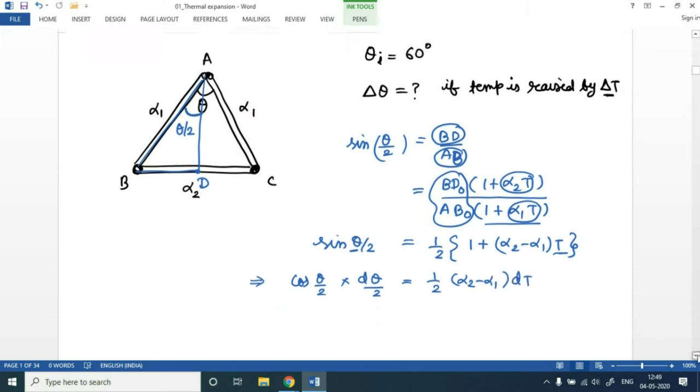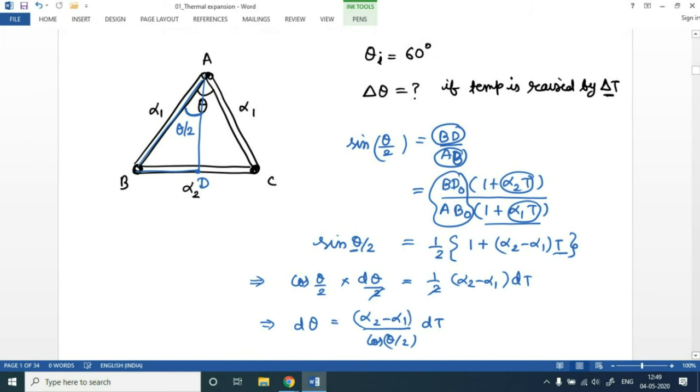Clearly, this 2 will get cancelled. So d theta is alpha 2 minus alpha 1 upon cos theta by 2, and this is dt.